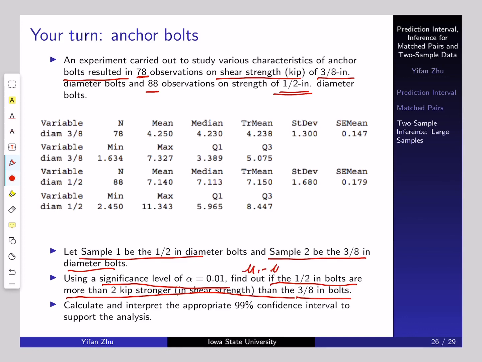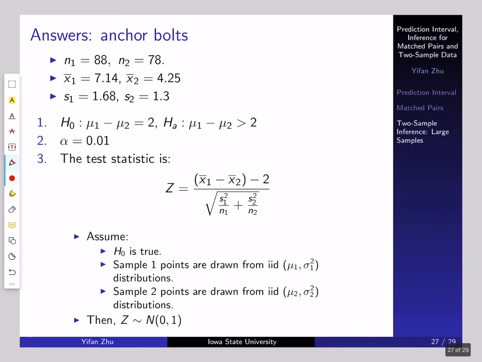So that means the alternative would be mu1 minus mu2 is greater than 2. And we'll also calculate and interpret an appropriate 99% confidence interval to support this analysis. Okay. So in 1/2 inch bolts, we have 88 of them.